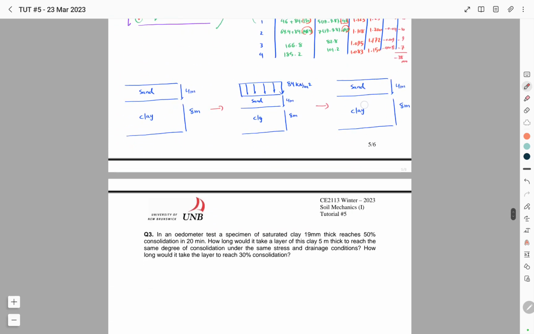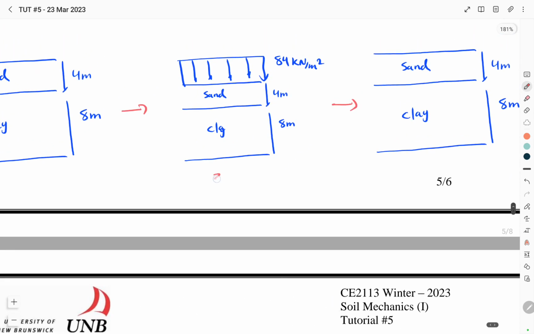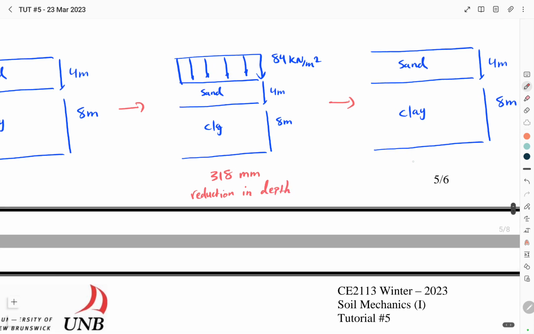So we had 318 millimeters reduction in depth, and here we had 38 millimeters increase in the depth.